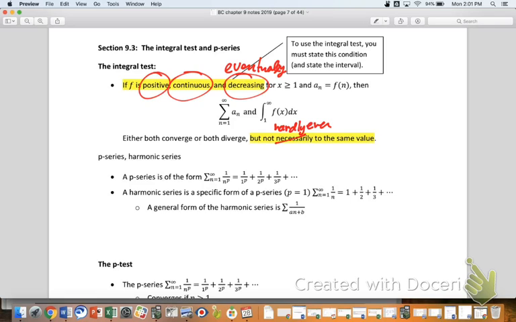So check this out. If I was going to write out a relationship here for the blue graph, maybe I'll do it like this. So if I said sigma of a sub n and the integral from 1 to n plus 1 of f of x or f of n.